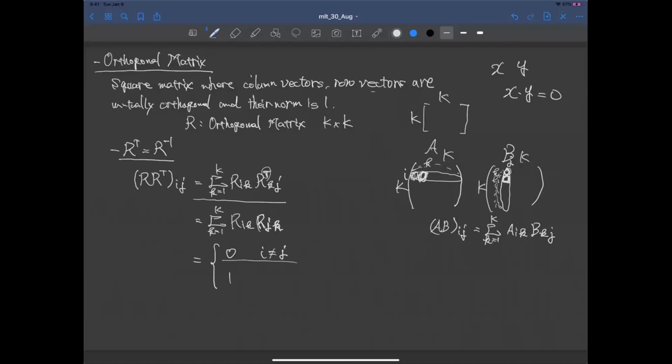Then their norm is 1. If i equals j, the inner product will be the norm, right? So that's why it's 0 or 1. It means this is an identity matrix.